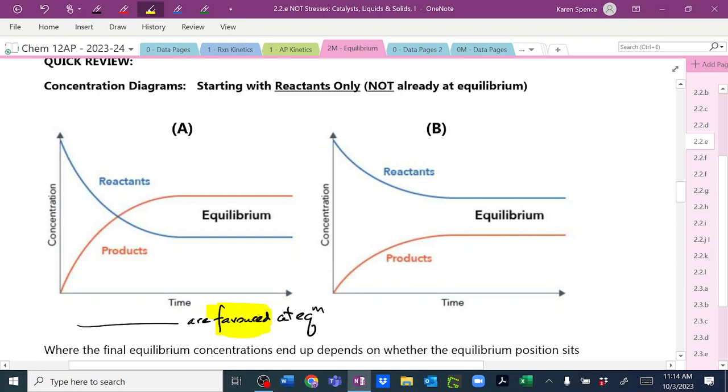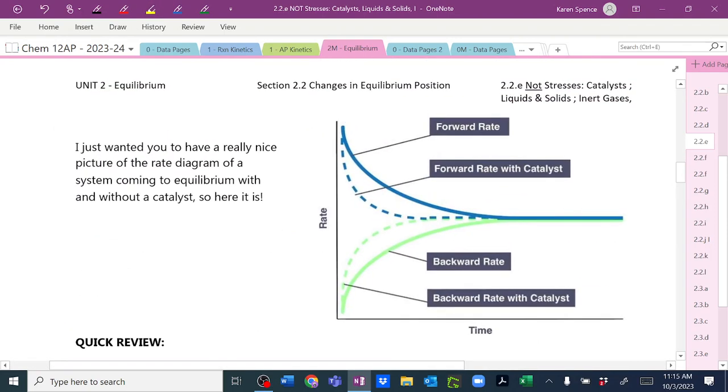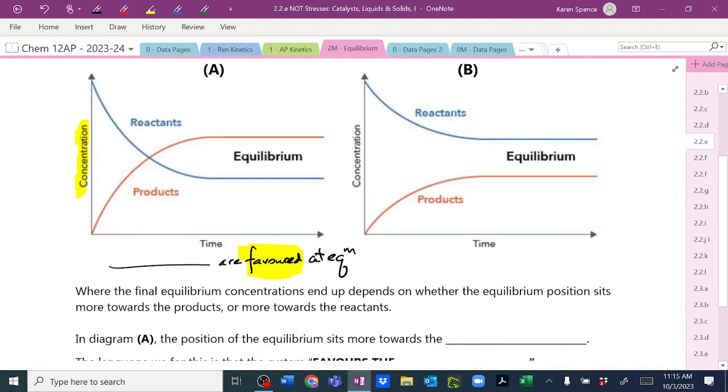These are concentrations. So that's the concentration of the reactants, the concentration of the products. There is no rate diagram here. Neither of these are rates. This one's rate, this one's not rate.